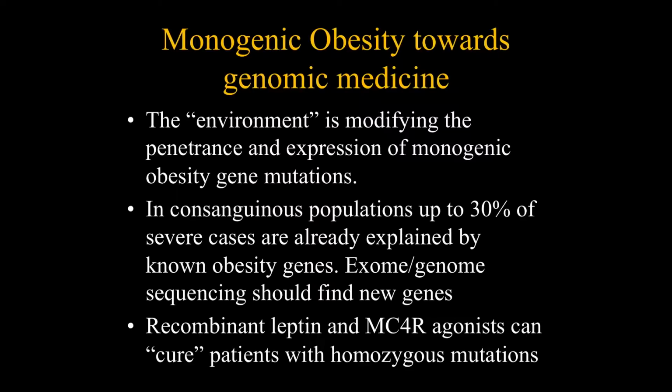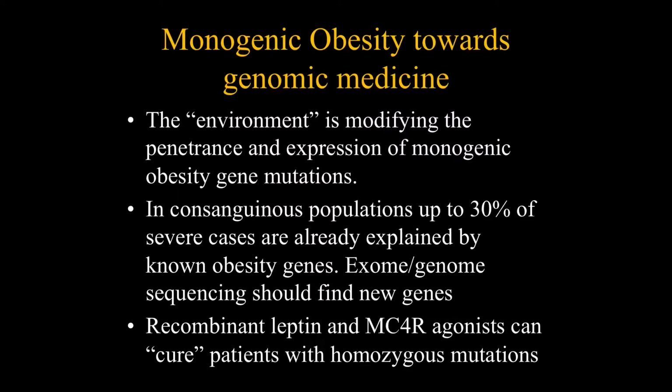In consanguineous populations, a large proportion of patients have no mutation, and we are now doing exome sequencing and genome sequencing, and we have additional genes, we are working on it, that may increase the number of genes and the understanding of the physiology.